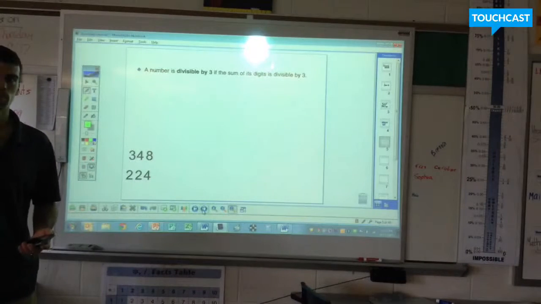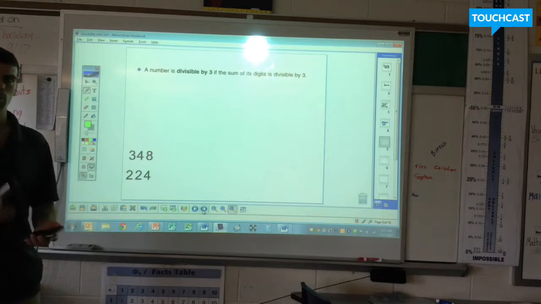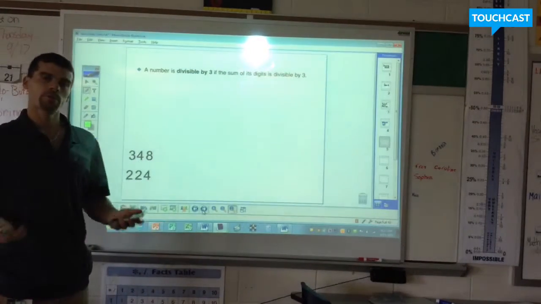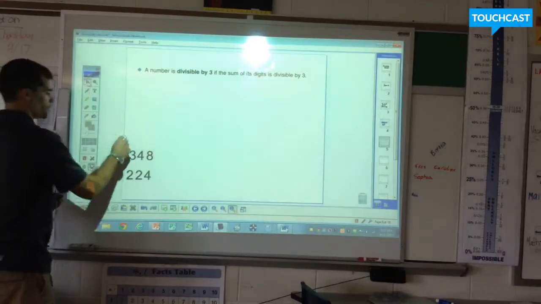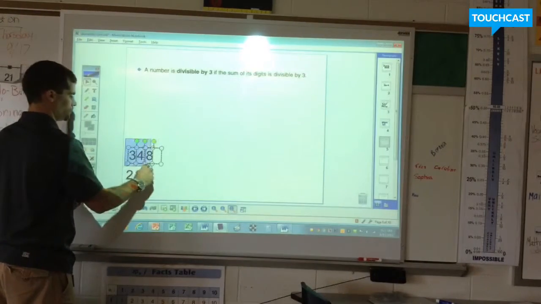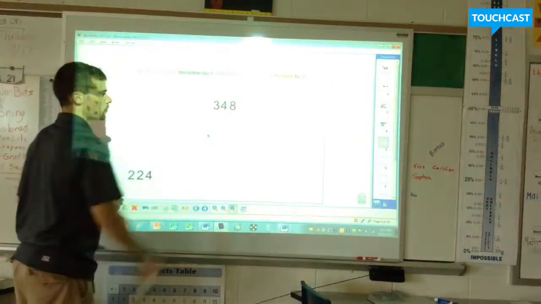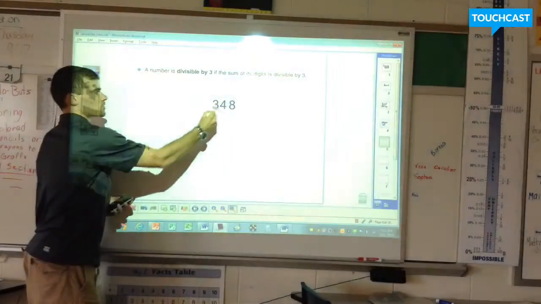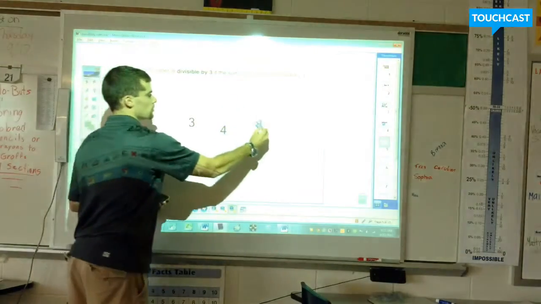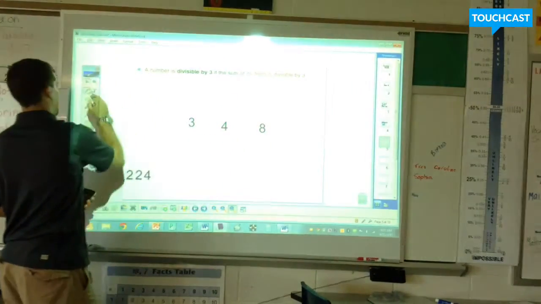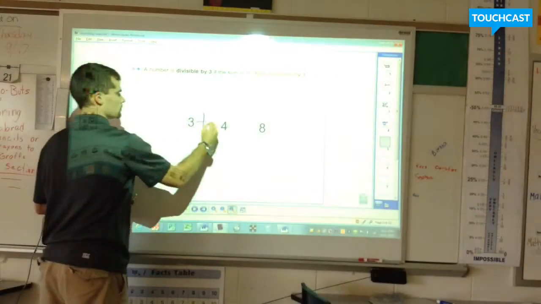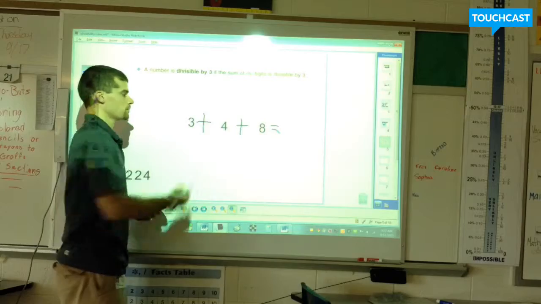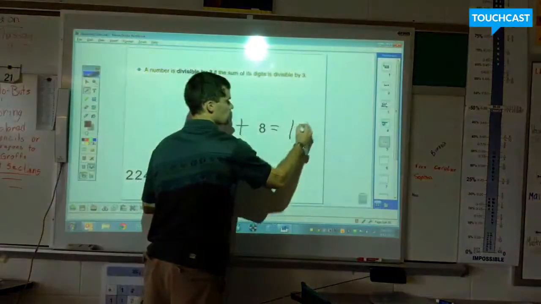3 is a little tricky. You're actually analyzing each place value as a separate digit. And it tells you to take the sum of the digits. What this means, if we take the number 348, and we want to see if it's divisible by 3, you need to separate the 3 digits, you add them up as separate numbers, and then you look at their sum. 3 plus 4 is 7, plus 8 is 15.